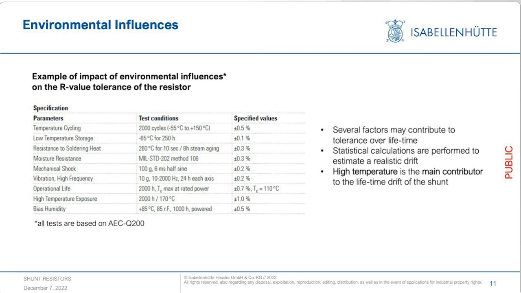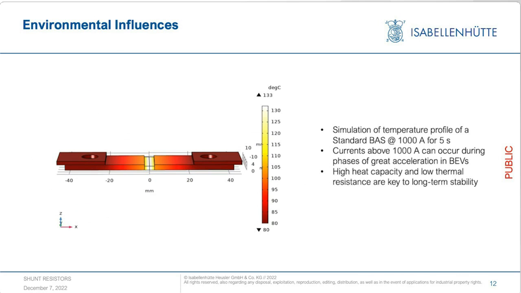As you can see, there are several factors which may contribute to the tolerance over lifetime. And it's not a simple addition of all these factors, but statistical calculations which are performed to estimate a realistic drift. However, we can state that high temperature is the main contributor to the lifetime drift of the shunt.